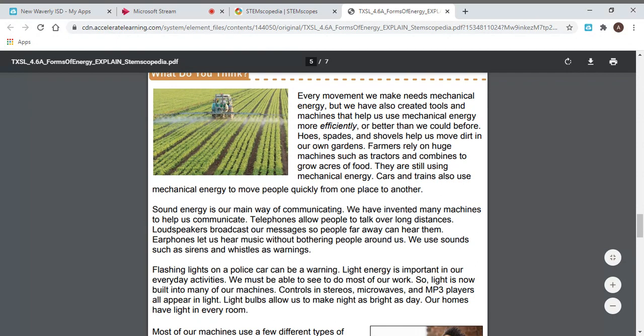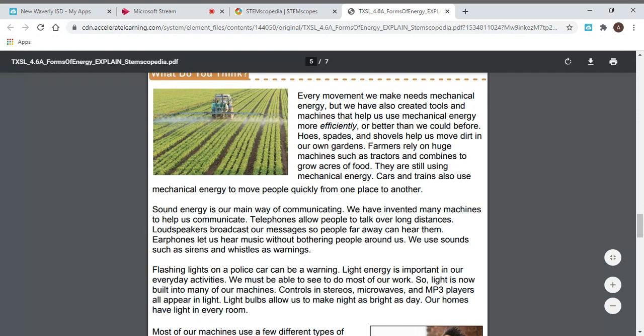Every movement we make needs mechanical energy, but we have also created tools and machines that help us use mechanical energy more efficiently or better than we could before. Hoes, spades, and shovels help us move dirt in our own gardens.